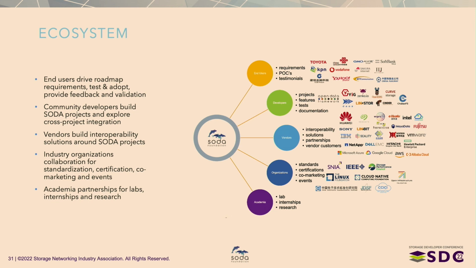We sponsor those events. We collaborate with them, support their standardizations, certifications, and also do co-marketing. And then we also have university and academia partnerships, working with them for lab testing, internships, or doing research.